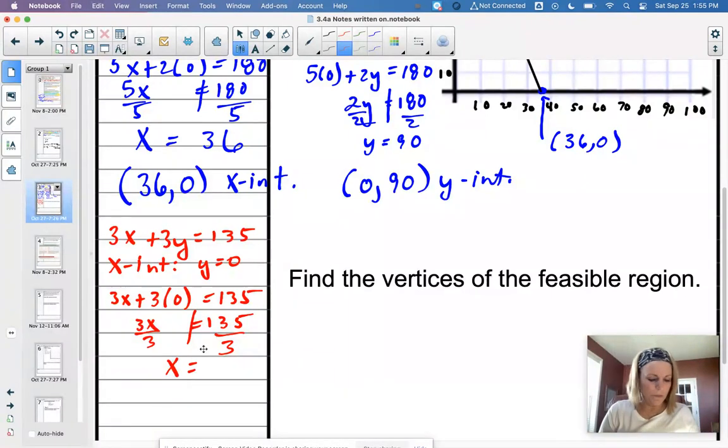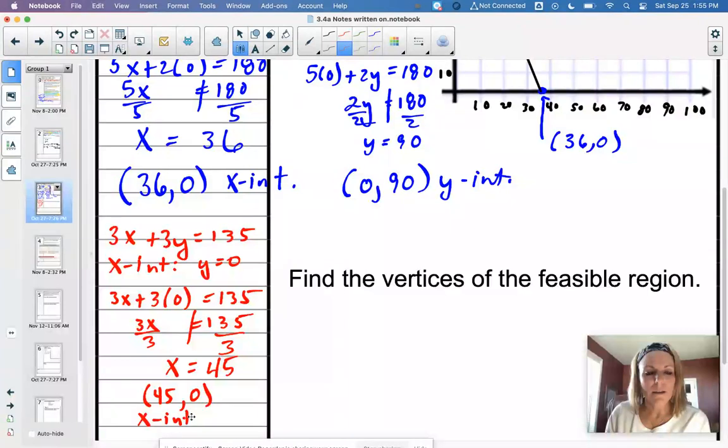So we have 135 divided by 3 is 45. Okay, so we created the point 45, 0. What we found was the x-intercept. All right, on the other line, the same line, which is right there.